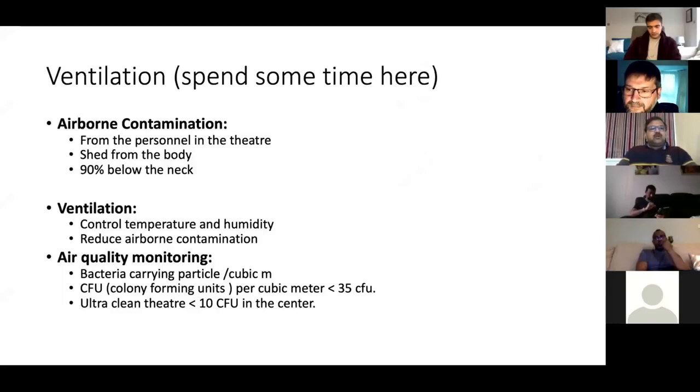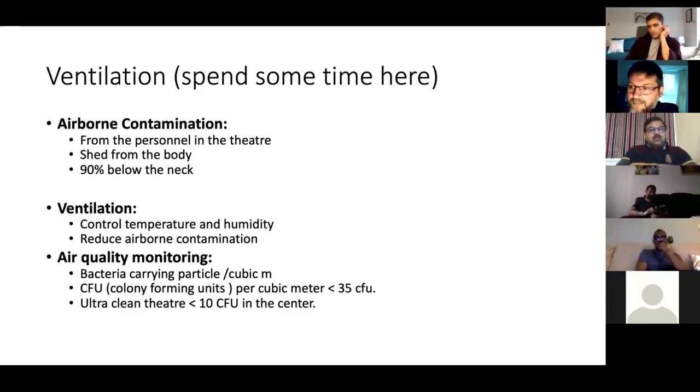One of the most important things to say is that the commonest contamination comes from airborne particles, and the source of these particles is the personnel in the theater. It is shed from the body. It has been found that 90% comes from below the neck. The ventilation is responsible for controlling the temperature, the humidity, and the level of airborne contamination.